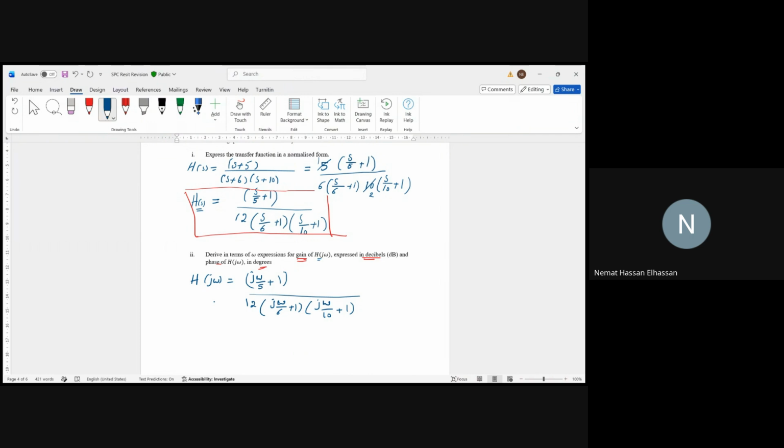Step 2, we want to find the gain in decibels. So first, let's find the gain. The gain is equal to the magnitude of H of j omega.